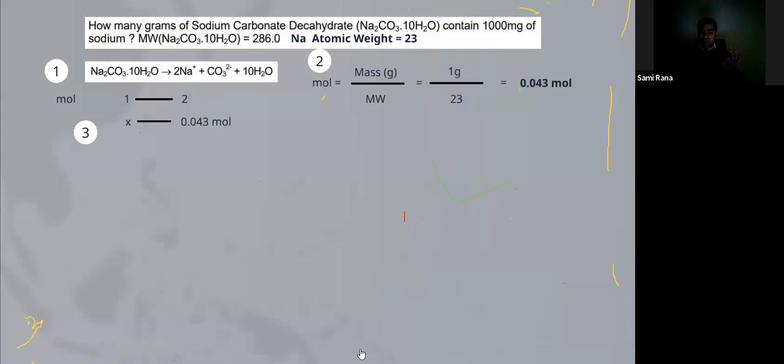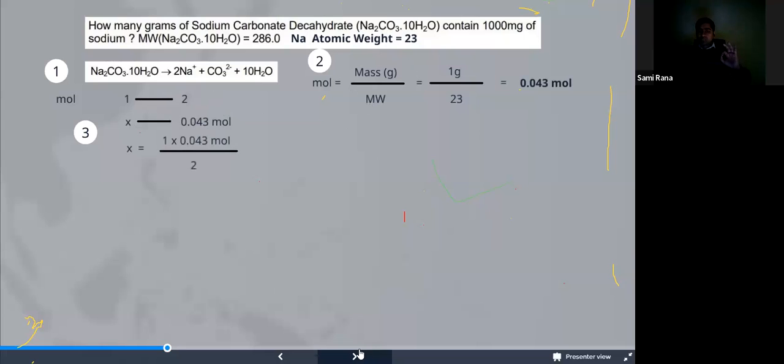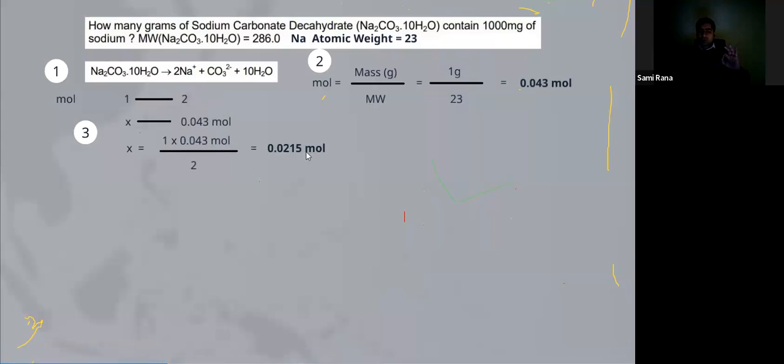This should make sense. If we solve this cross multiplication, it gives us 0.0215 moles of this whole formula. So there are 0.0215 moles of this formula that will give us 0.043 moles of sodium.